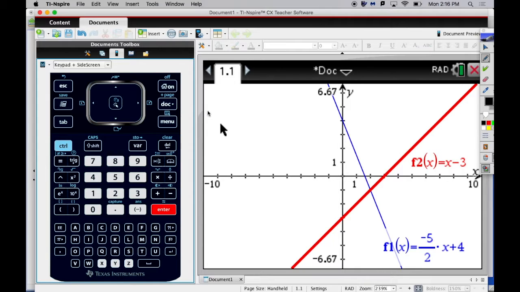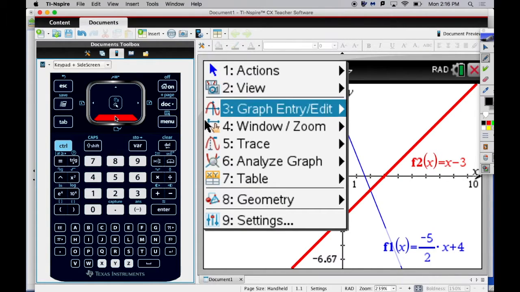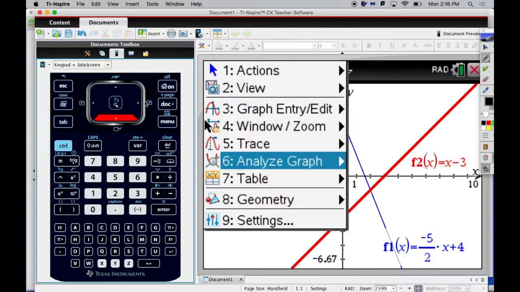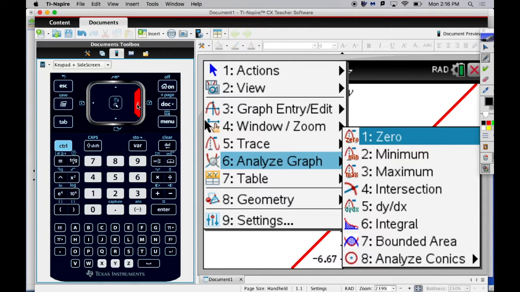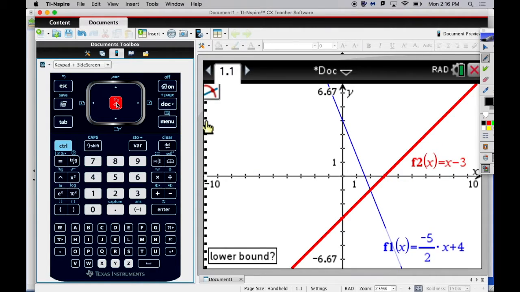Now, the calculator can calculate where the two lines cross. So what you do is you hit menu. You scroll down to analyze graph. You guys remember that? And then you go down to option number 4, which is intersection. And you want to move the cursor. It says lower bound.